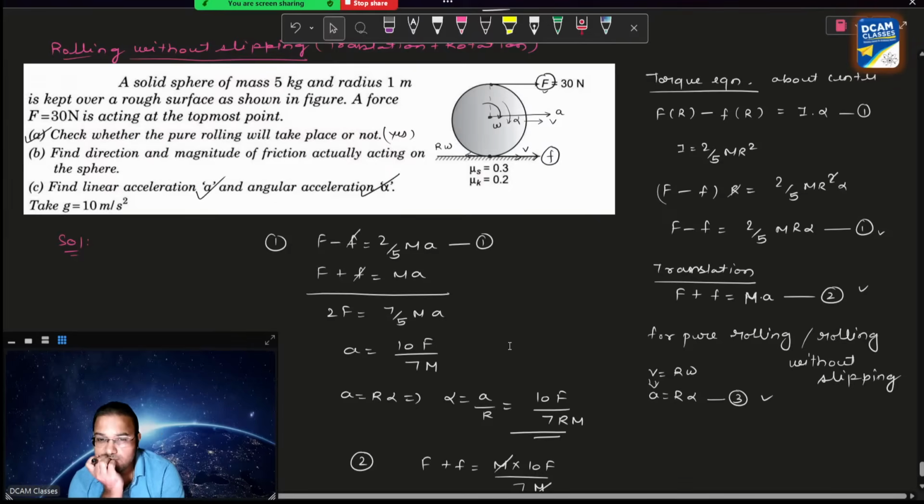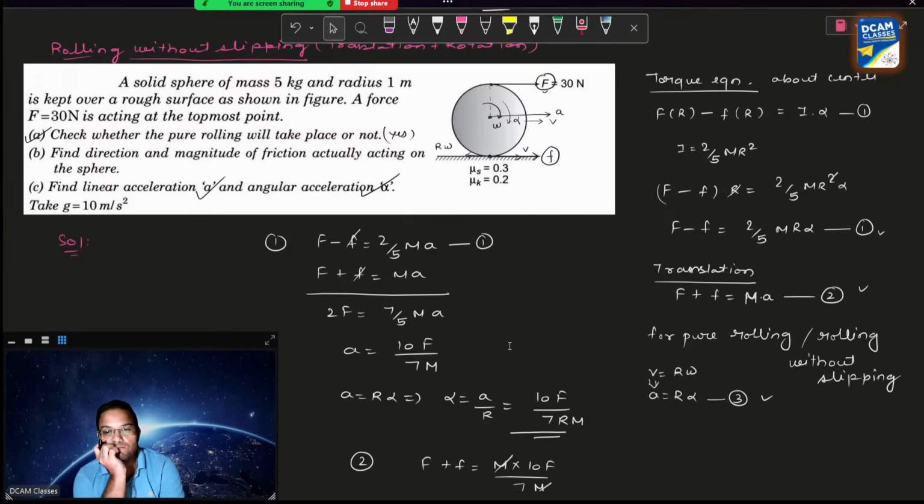We are saying that friction will act forward. That is only for that instant. Because it's not necessary that the friction force will always be acting towards the forward direction. It will keep on changing its direction depending on the velocity, depending on the situation.